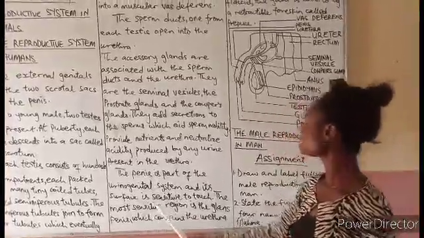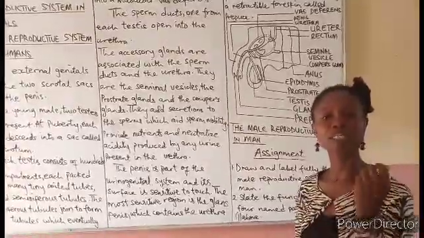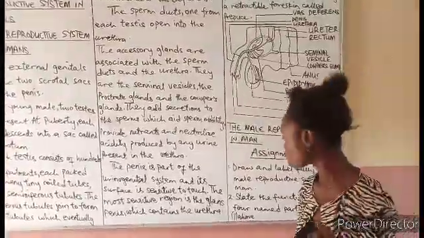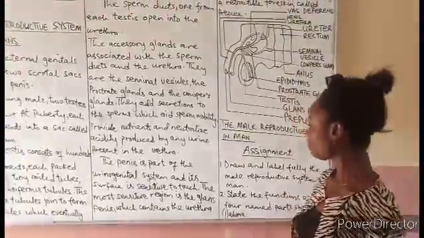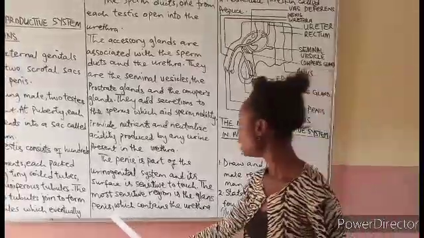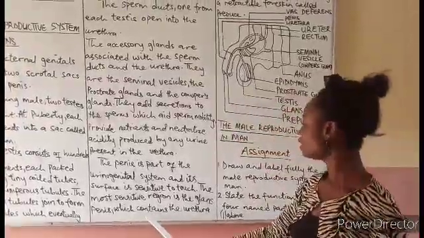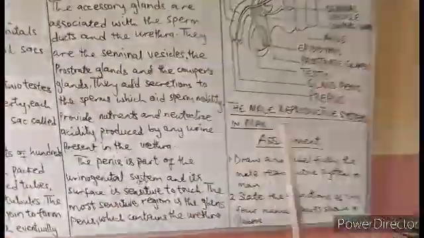Its surface is sensitive to touch, and the part that is most sensitive is called the glans penis, and this glans penis contains the urethral opening.